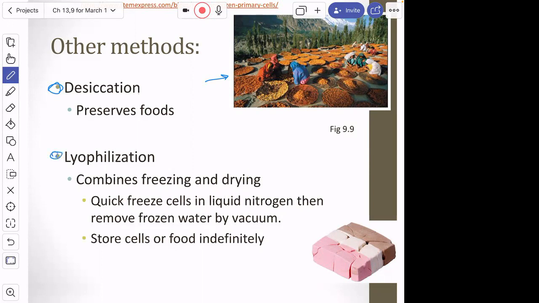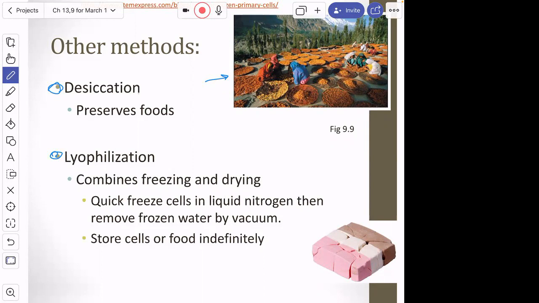Lyophilization, that's another way to think about it, that's freeze drying. So you're going to really quickly freeze something, like maybe dip it in liquid nitrogen to freeze it really quickly. And then you put it in a vacuum. So you get sublimation. Sublimation is when water turns from a solid to a gas and skips that liquid form.